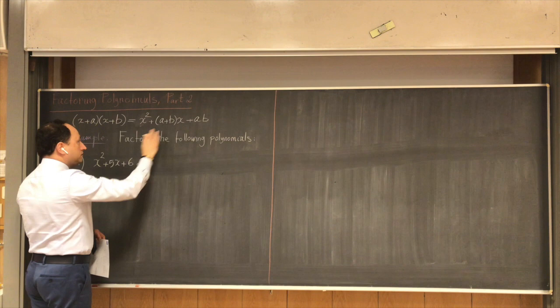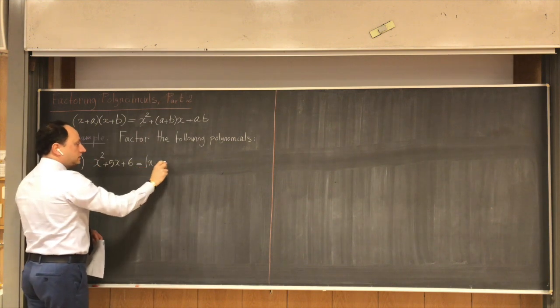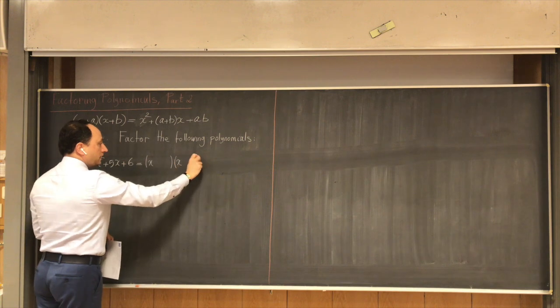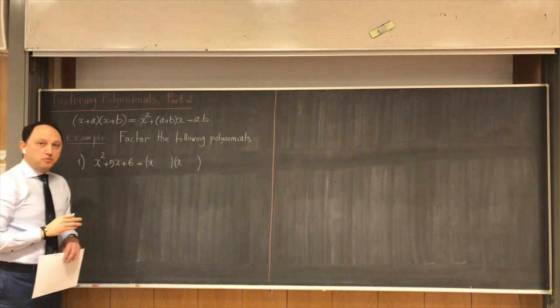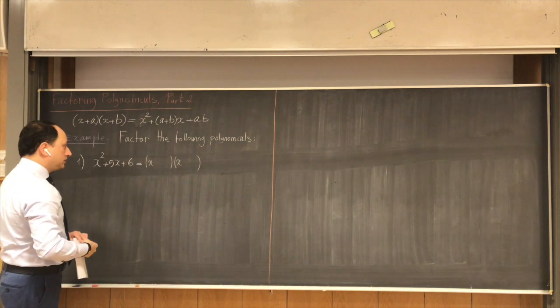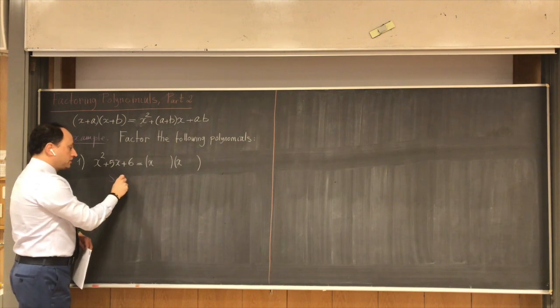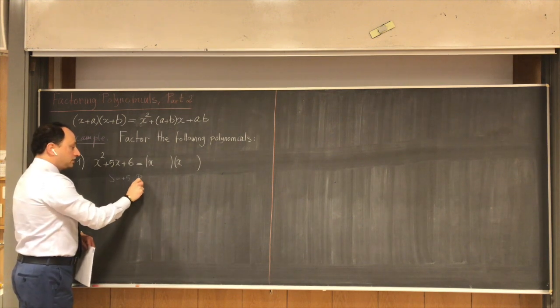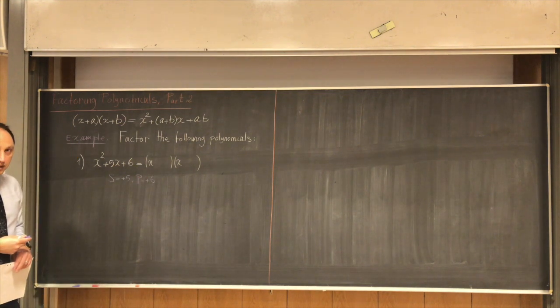So if you want to follow this pattern, x is going to play the role of the common term. I will open two brackets, put the common term in both of them, and try to guess. I want two numbers whose sum, let me call it s for sum, is positive 5, and the product is positive 6.